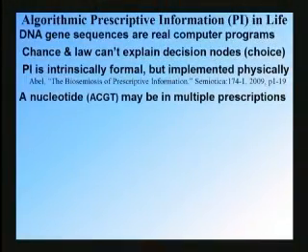What makes it even more complicated is that a particular nucleotide can be part of multiple prescriptions. For example, one of the most common ones, and humans have many of them, are overlapping genes.